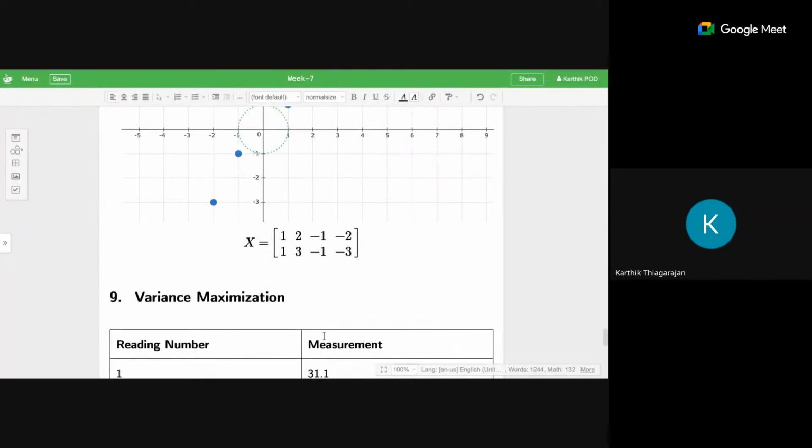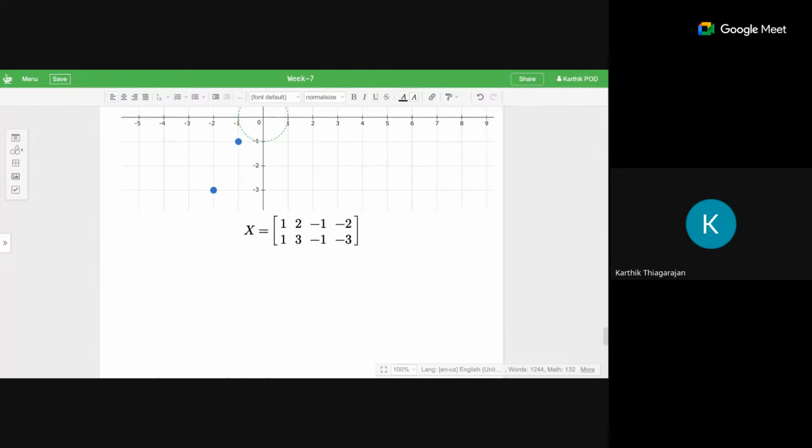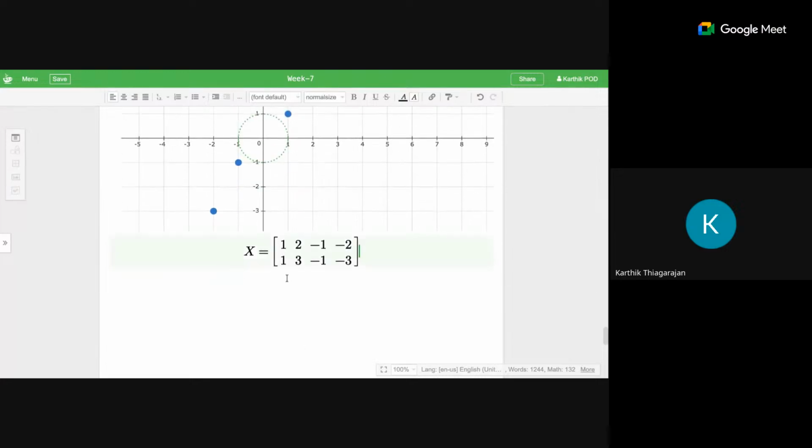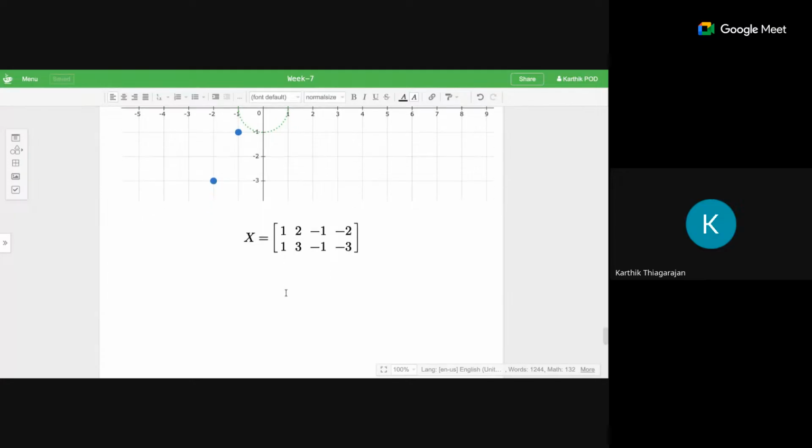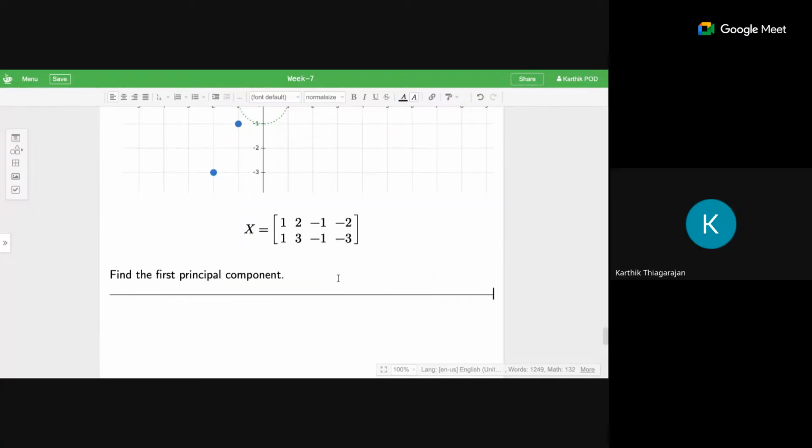Now if you are asked to find the first principal component, they can also ask you to find the second principal component and so on, but we have not come across that so far. So the question could be: find the first principal component.